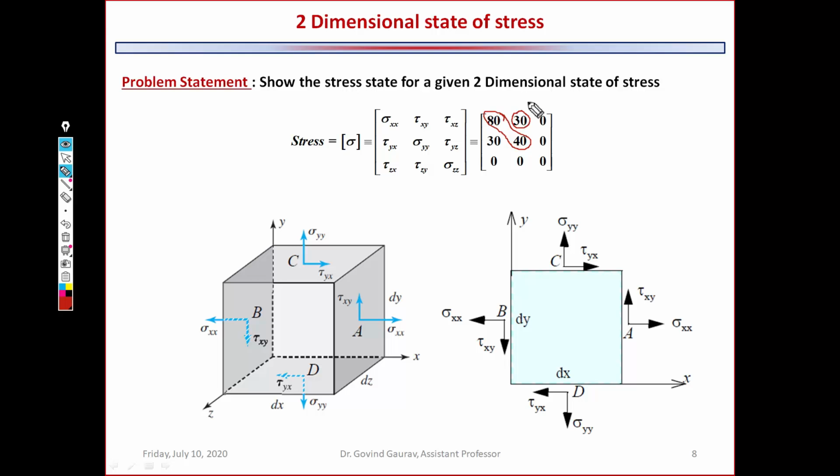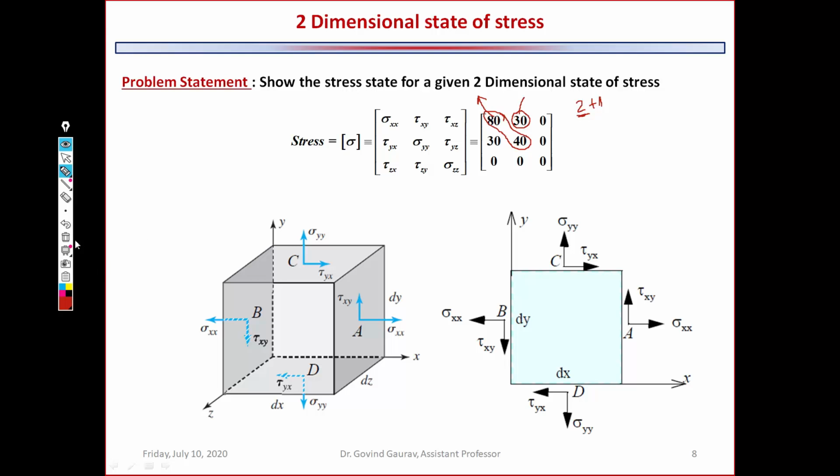As the shearing stresses are complementary to each other, in order to define the stress at a particular point in a two-dimensional figure, we need only three quantities: two normal stresses acting along the two perpendicular directions, and one shearing stress.